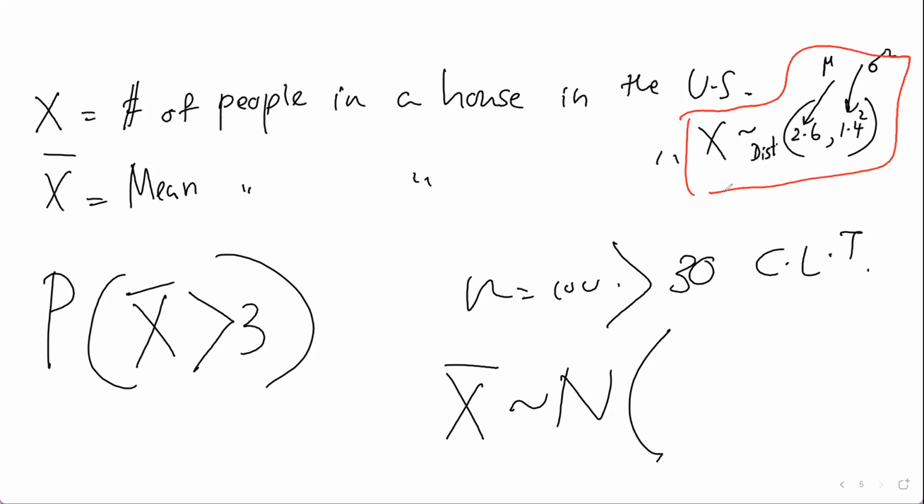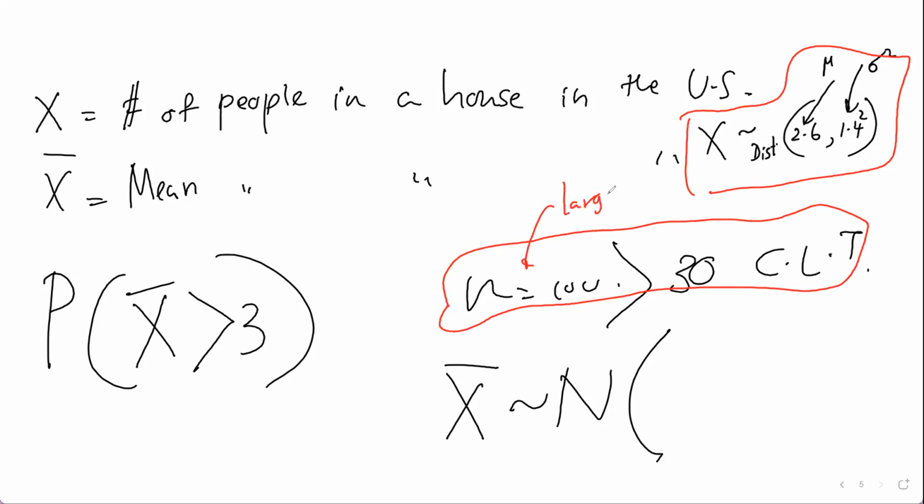If this is the case, given that this is a large sample, we can approximate by using the central limit theorem: x bar is normally distributed with the same mean and variance sigma squared over n.